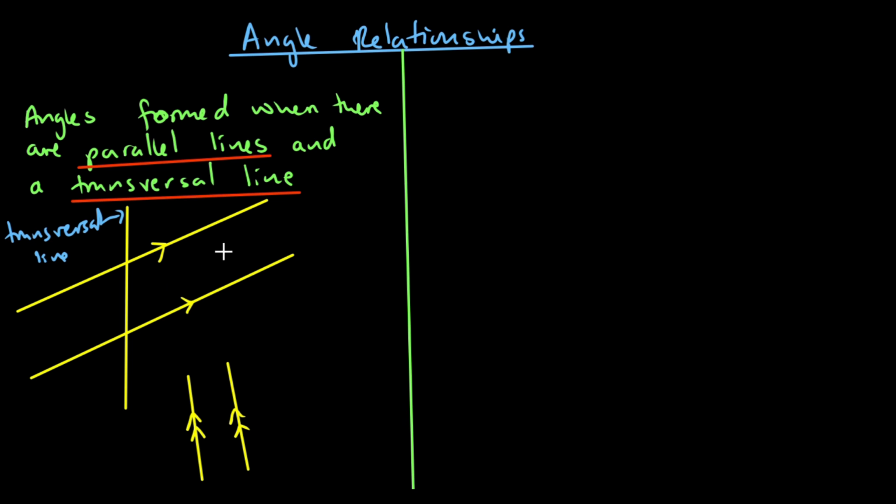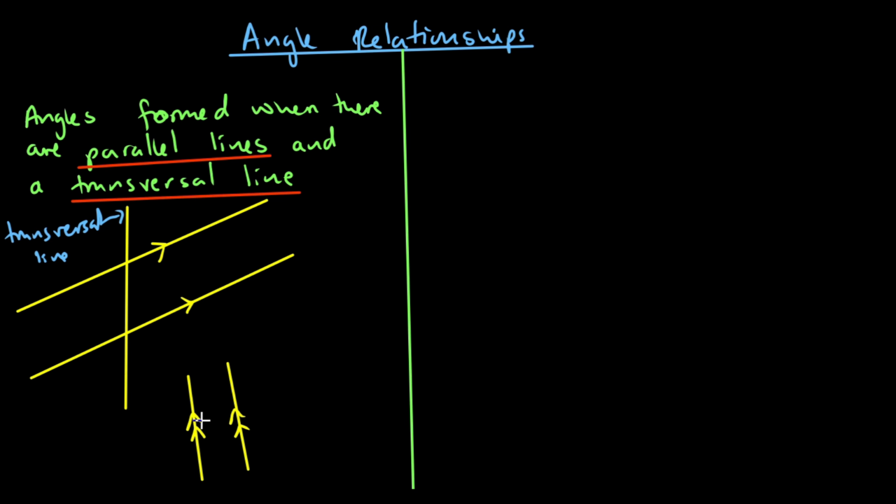If you have two lines that are drawn and we continue drawing them and these lines will never meet, imagine I draw this line up and this line up, these two lines will never meet, so we say that these two lines are parallel lines.